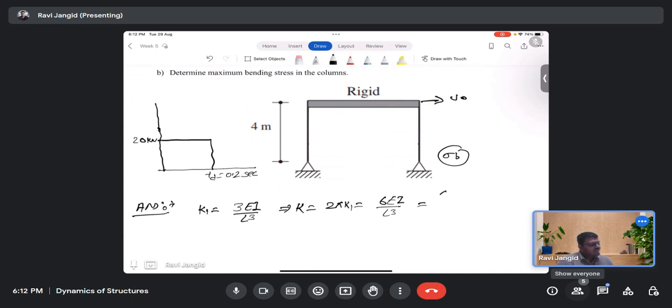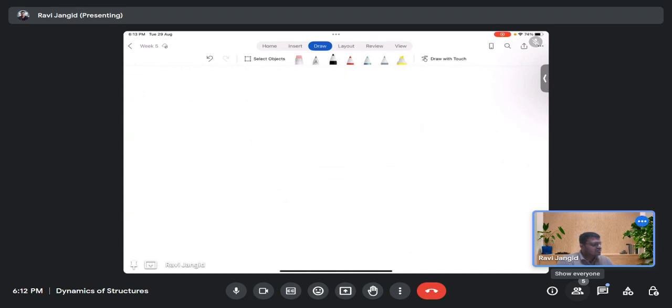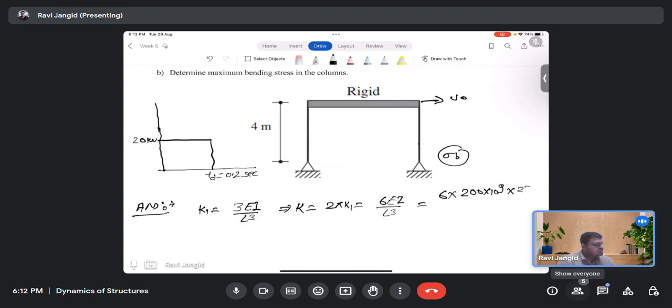So that would be 6 times E, which is 200 into 10 raised to power 9, I is 2772 into 10 raised to power minus 8, divided by 4 cube. Can you find the stiffness for this problem? What is k?